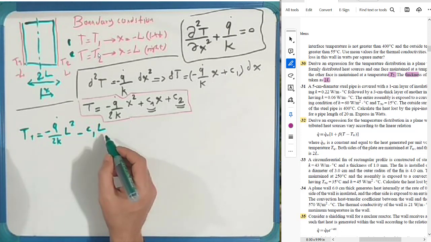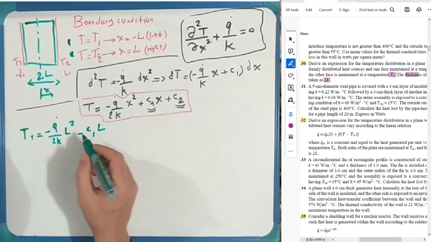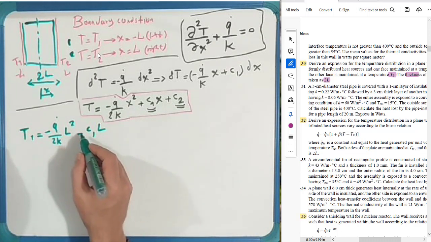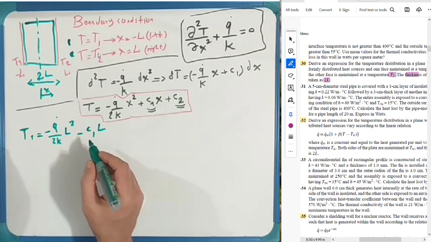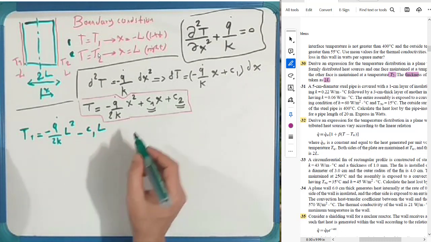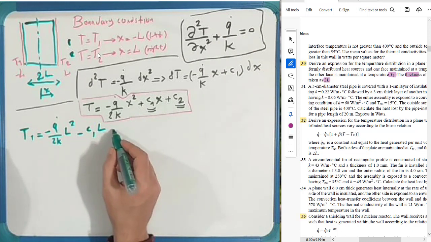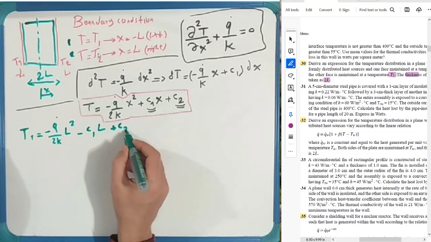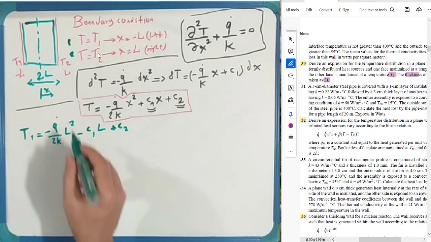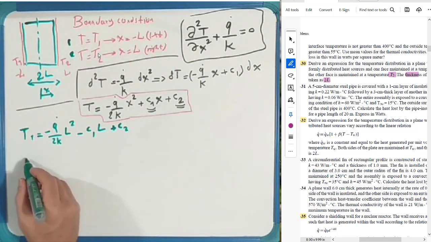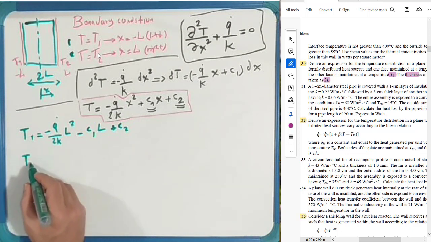Sorry, it will be minus, because x is negative. Then plus C2. And for the second boundary condition, what can I write?